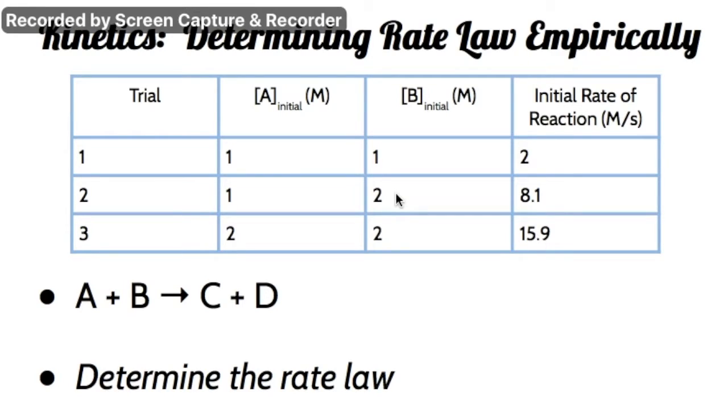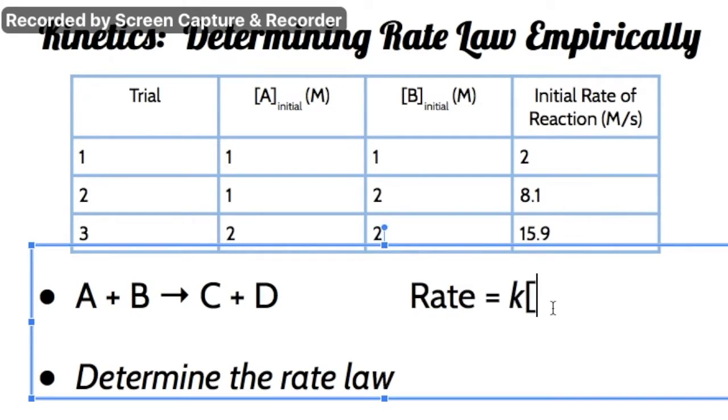Therefore, any change in reaction rate must have been caused by the change in the concentration of B. So reactant B was doubled, and the rate quadrupled. That tells us that the rate must have something to do with reactant B squared.